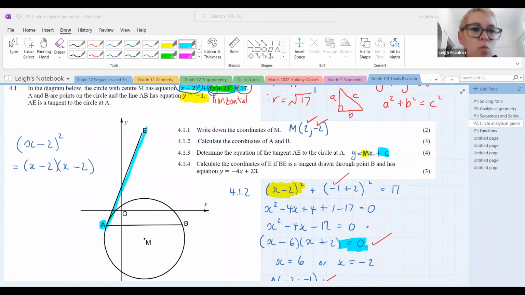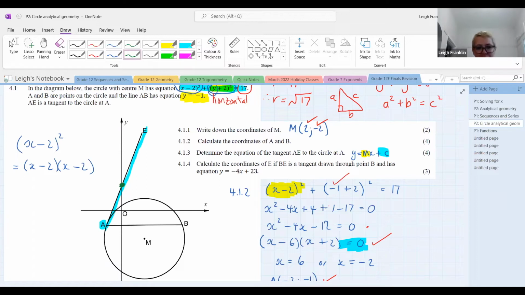In other words, where the line cuts the y-axis. So essentially we're going to be working out what the y value is at this point that I've just colored in green. That's what they want from us. It's our job to calculate the m and the c. We're going to write it in the form with y and x, but it's our job to calculate the m and the c.